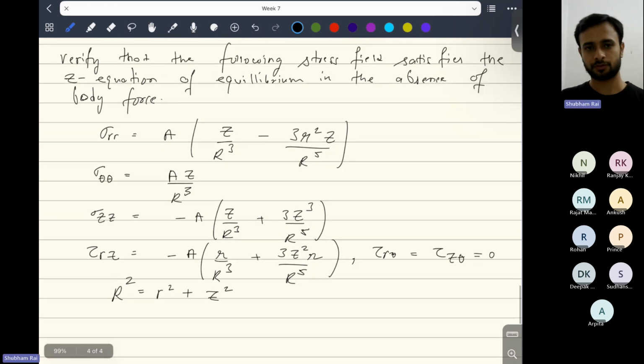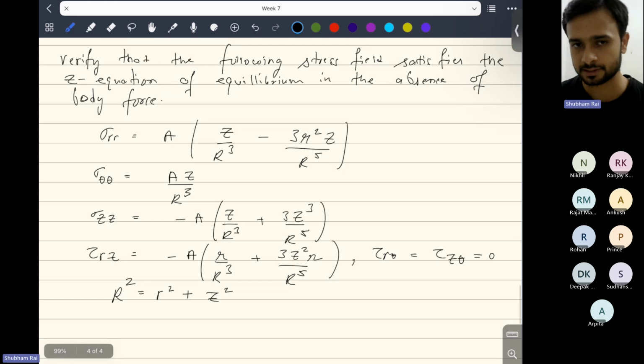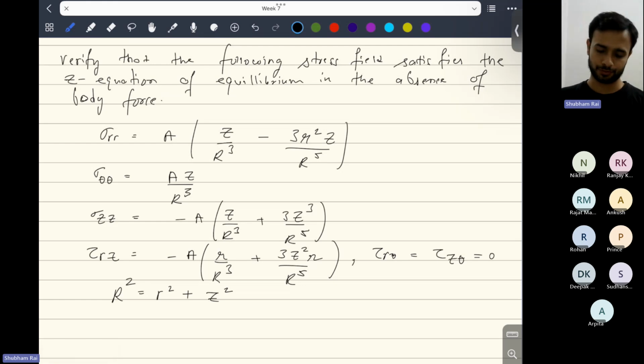This is the question. You have to verify that the following stress field satisfies the Z equation of equilibrium in the absence of body forces. So obviously you only have to differentiate. We have to satisfy all three stress equilibrium equations.